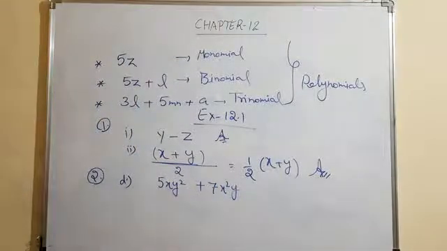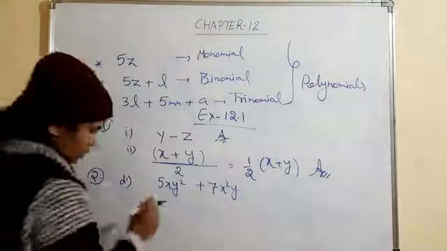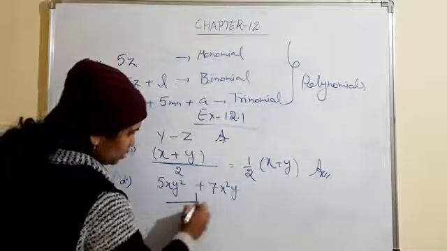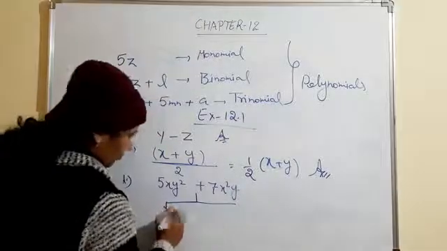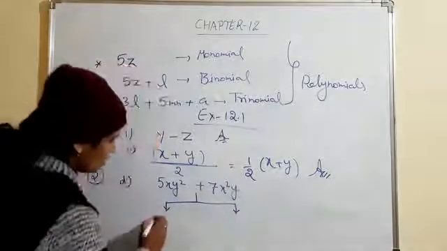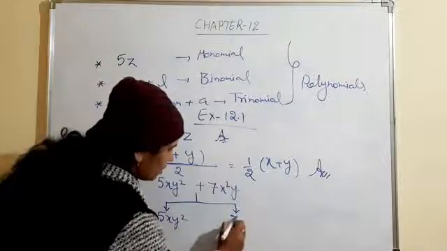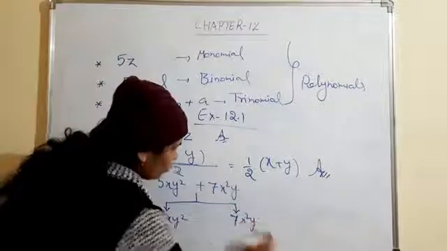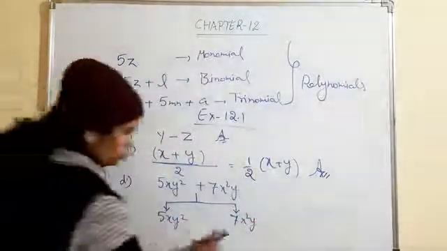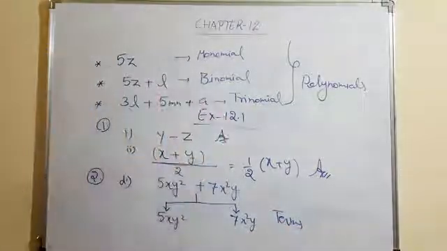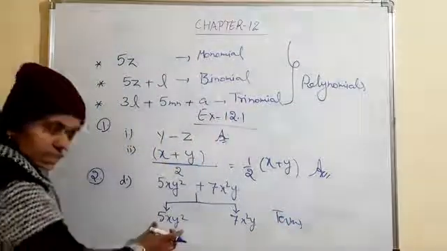Now find out the terms and factors. This is the algebraic expression. In the next step, how many terms are there? 2 terms. The first term is 5xy square, and the second term is 7x square y. These two are the terms. So write here terms.